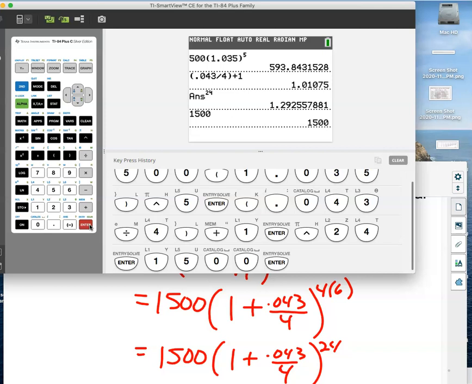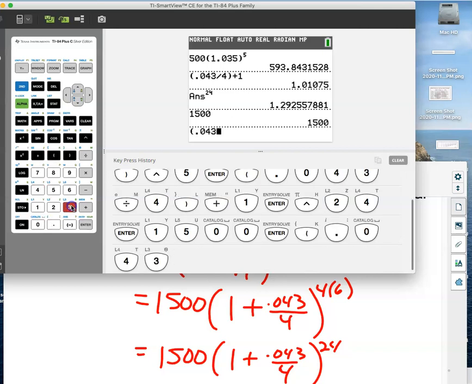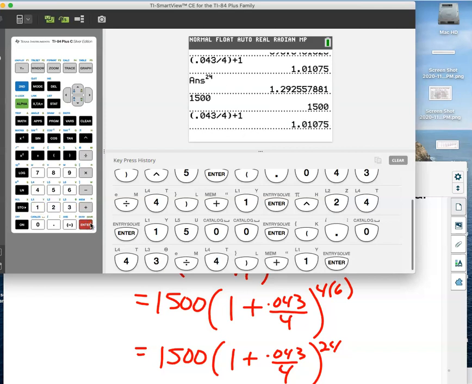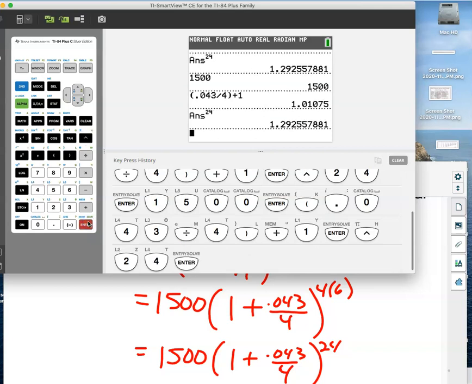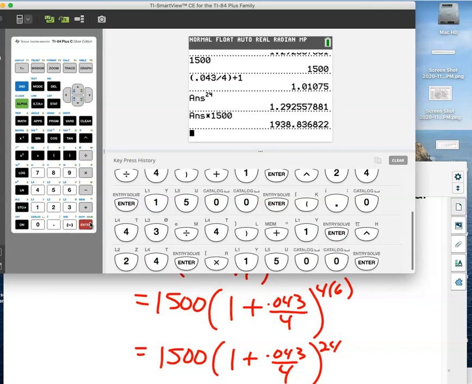Let me try again. 0.043 divided by 4 plus 1 to the 24th. And then times 1,500. There we go. $1,938.84.